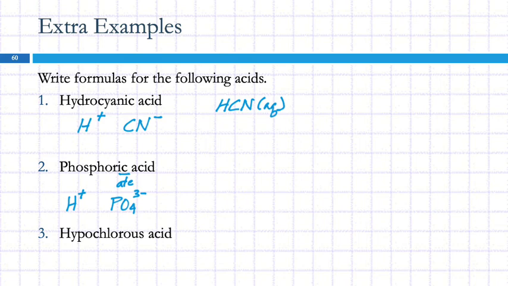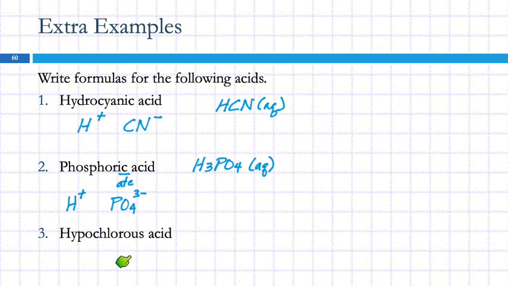And this is why we memorize them, so we don't have to go look up everything all the time. How many hydrogens will we need with this phosphate to have a neutral molecule? 3. There's this 3 minus charge here, so we need 3 of these guys, and so the formula is H3PO4 aqueous.